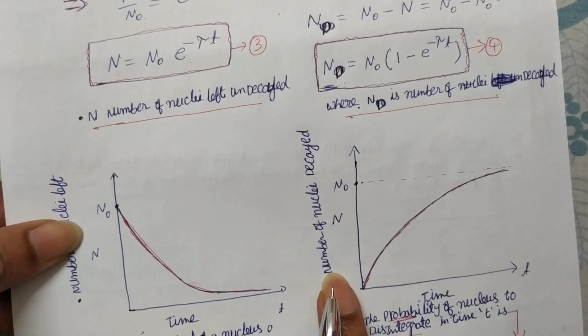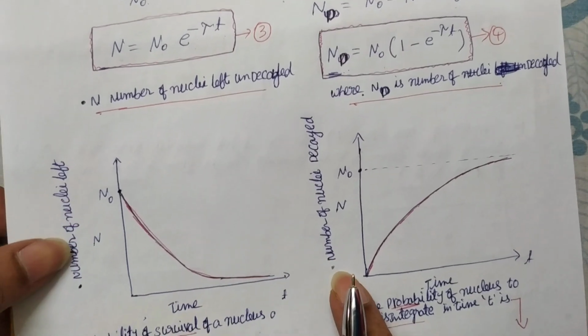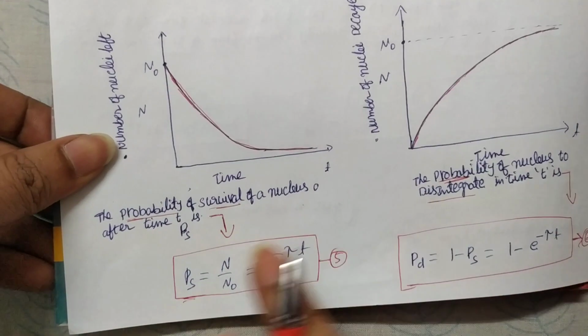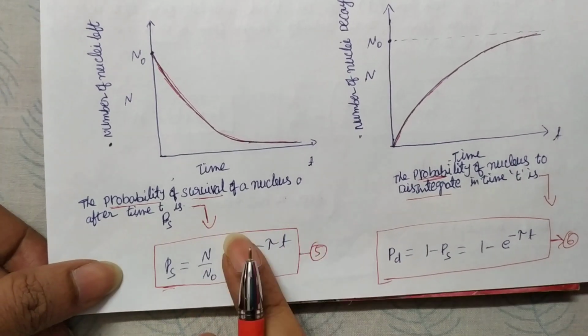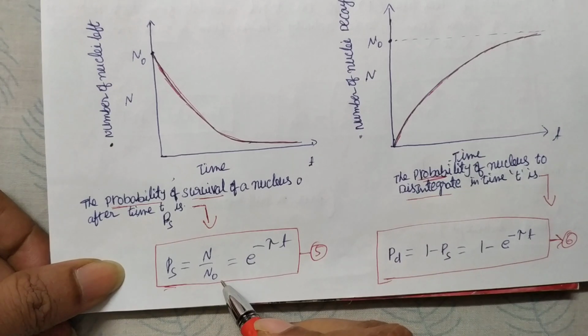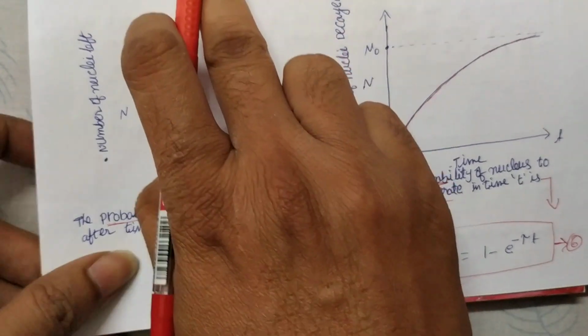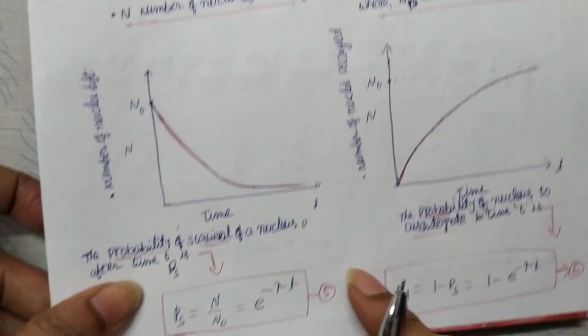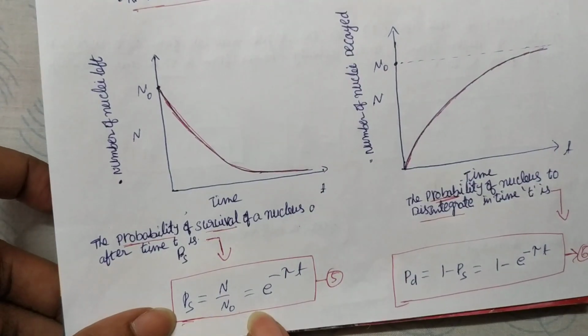So on average, what is the probability of survival of a nucleus? The probability of survival is N, the number of nuclei remaining, divided by N naught, the number of nuclei present initially. From that equation, sending N naught to the other side, N by N naught is the probability of nucleus survival.